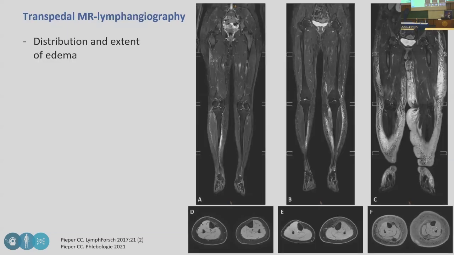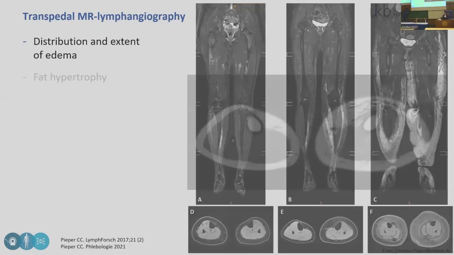When we're looking at patients with lymphedema, we're not only looking at contrast-enhanced images, also the distribution and extent of the edema is important, from very mild edema to these excessive edematizations of the superficial tissue.